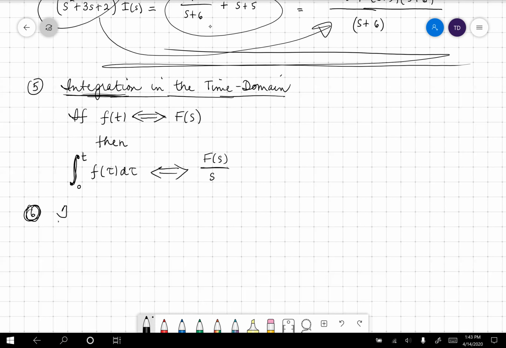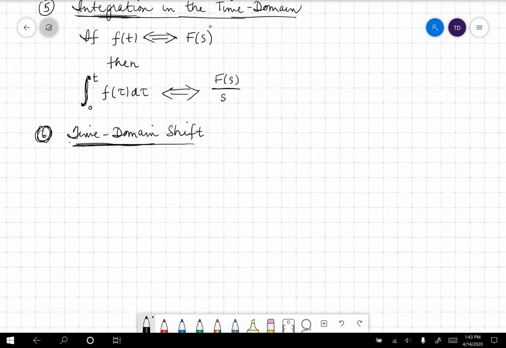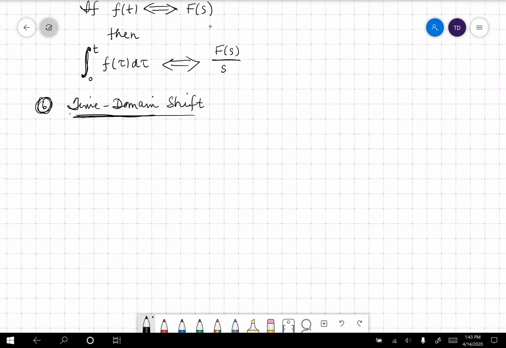It's a time domain shift. I want to show you this proof because I want you to see what I'm talking about when I say you've got to recognize certain things in the forms of these functions.